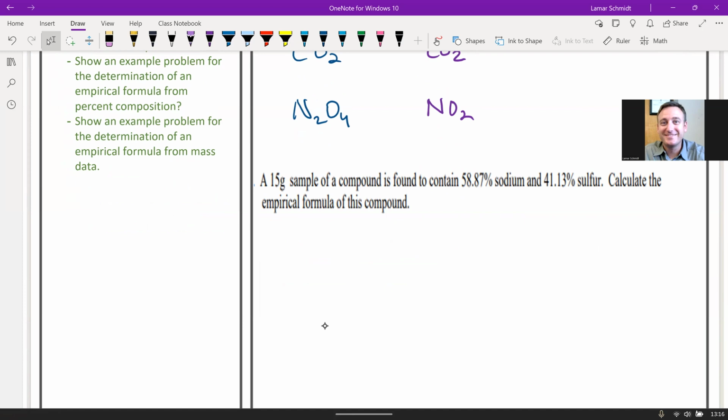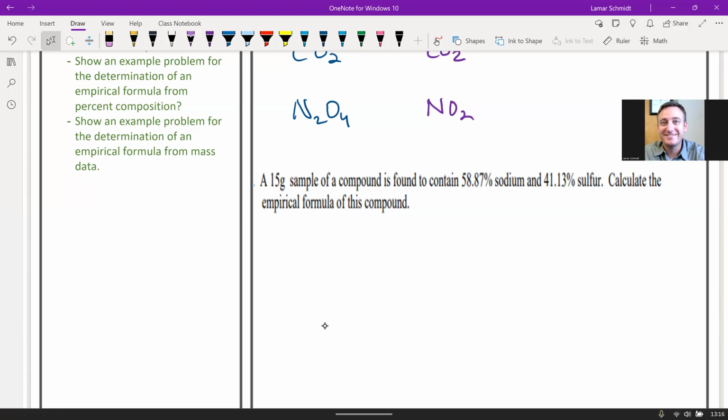Here they're telling us that we have a 15-gram sample, and that sample is made up of 58.87% sodium and 41.13% sulfur. But we have to make an assumption here that this is a pure substance.